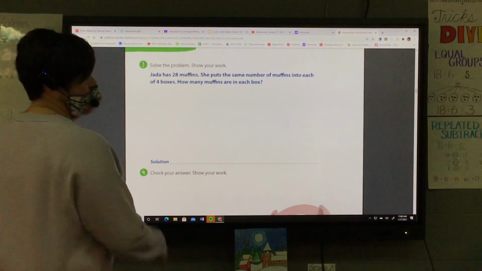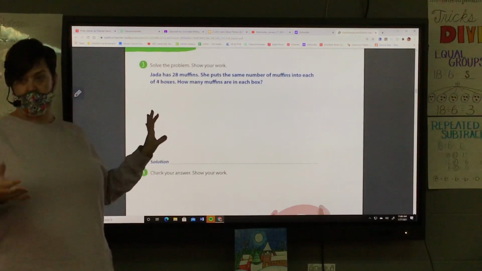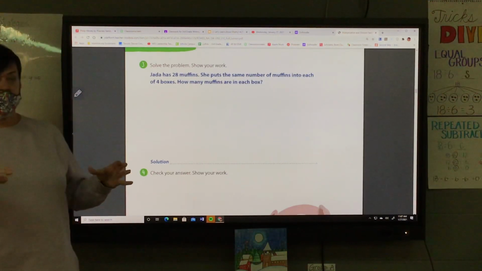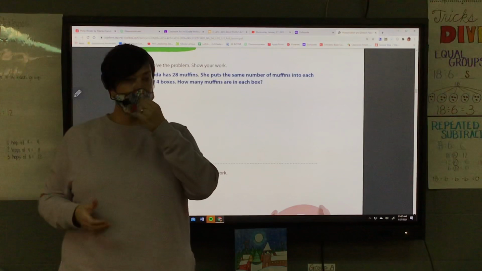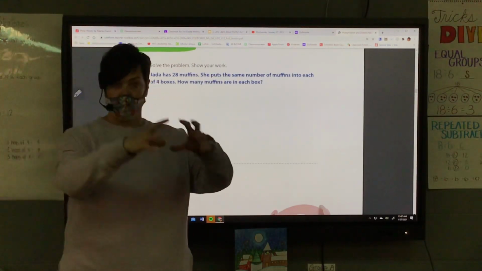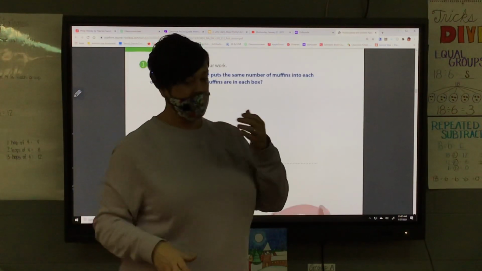Okay, so you created a division equation. Whether you wrote it as an actual fact or drew a picture, you were able to figure out how many muffins Jada put in each box.